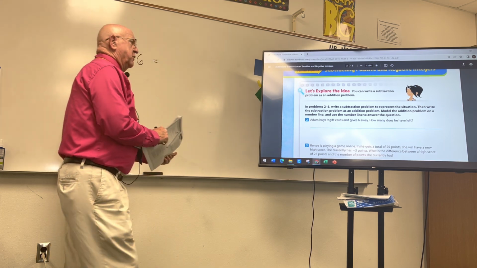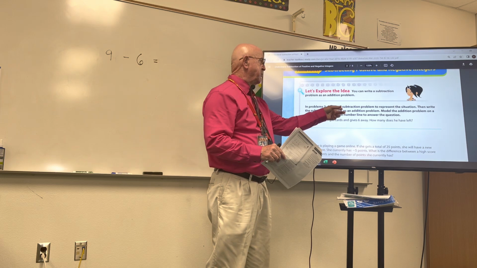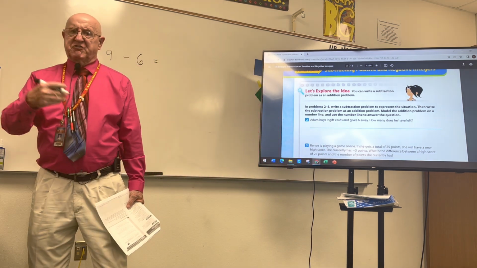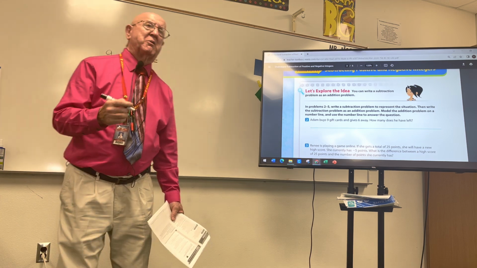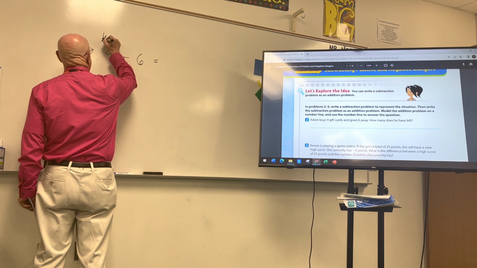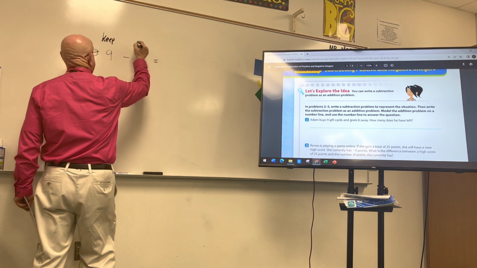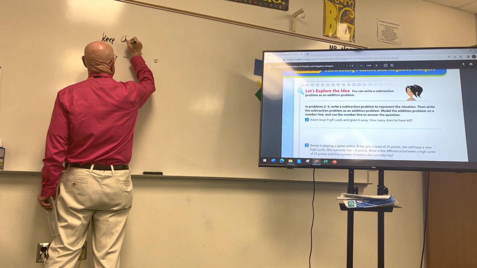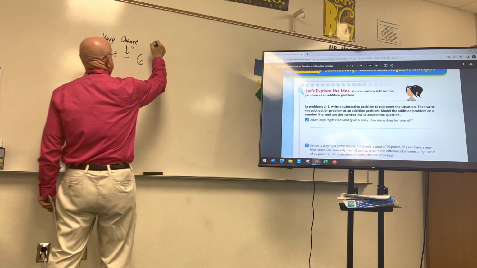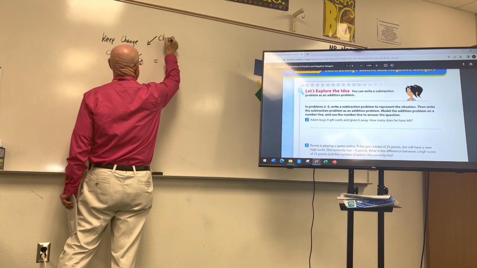It says, write it as a subtraction problem, then rewrite it as an addition problem. Now remember that addition and subtraction are inverse operations, so we're going to keep the first number, change the operation sign, and then change the last number.